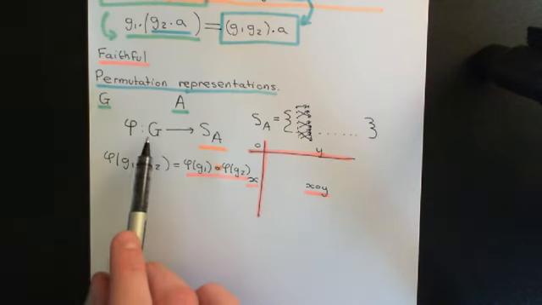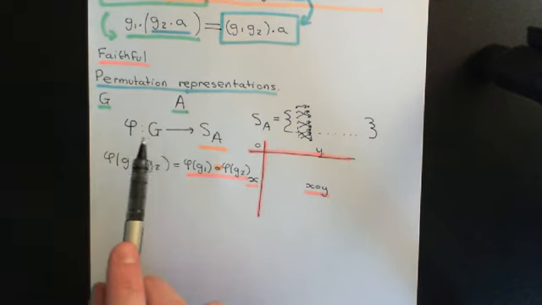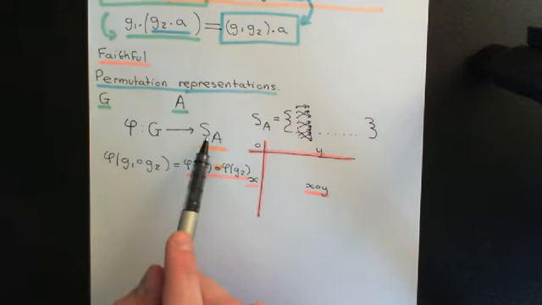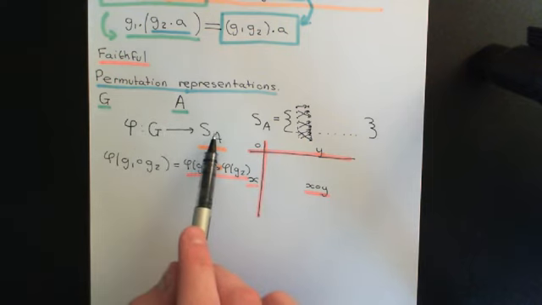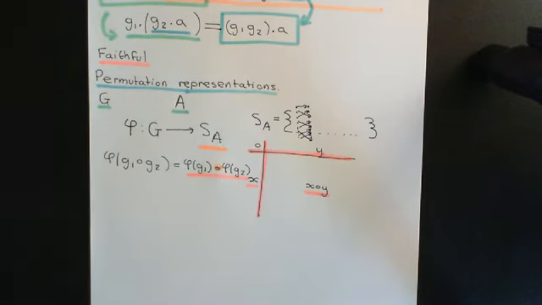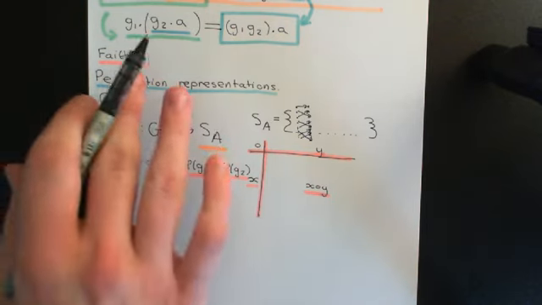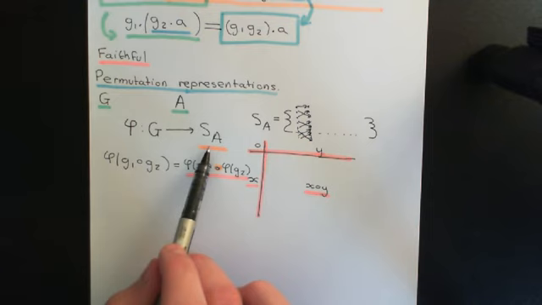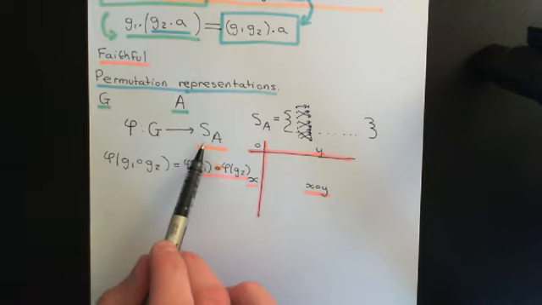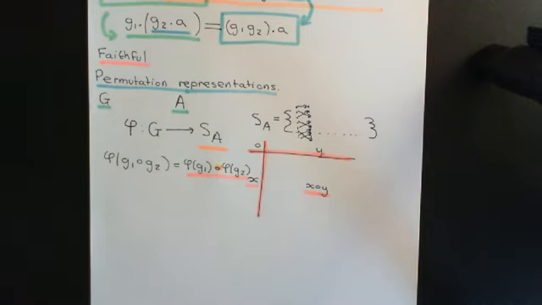But in fact it doesn't even need to be injective. It doesn't need to be the case that the mapping is one-to-one, that each element in here is getting a distinct element in here that it alone is being mapped onto. It can be the case that elements in here are having to share elements in here, being mapped onto the same element in the symmetric group on the set A. And again I'll remind you that if this mapping is injective, if each set permutation that you are mapping elements of the group onto only gets one element of the group being mapped onto it, then we call that a faithful permutation representation.